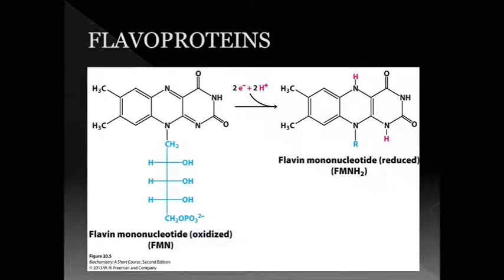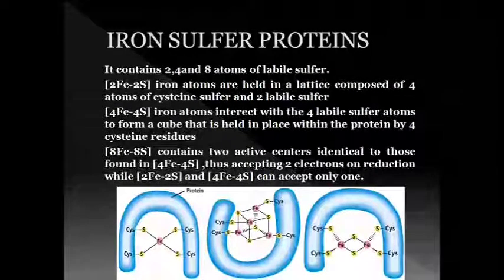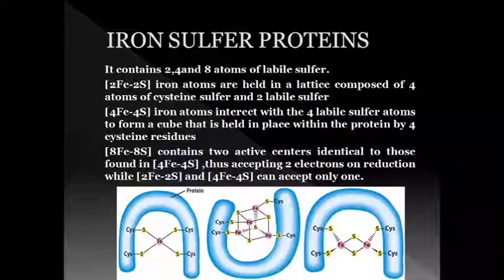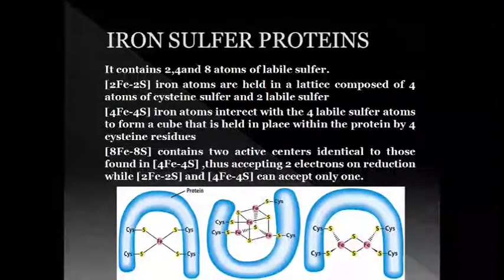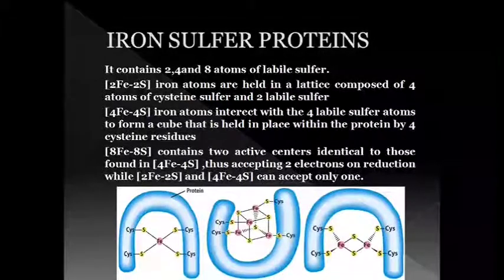The next is the iron sulfur protein. Iron sulfur proteins are of three types depending on the presence of labile sulfur: 2, 4 or 8. The first category is the 2 iron 2 sulfur cluster.